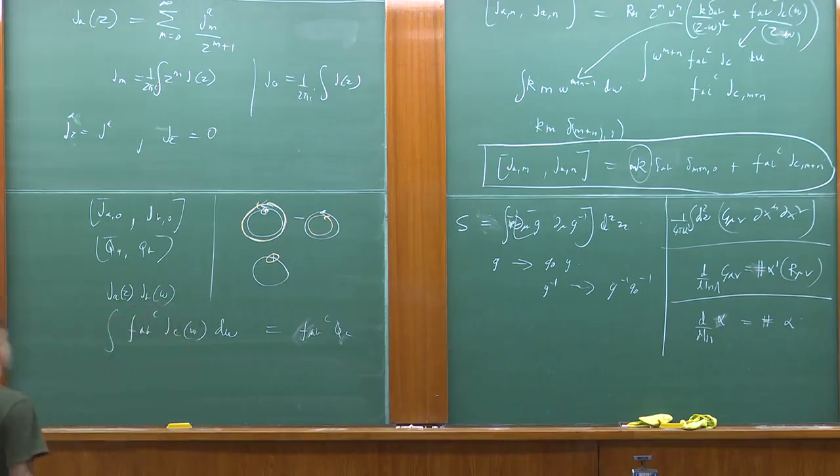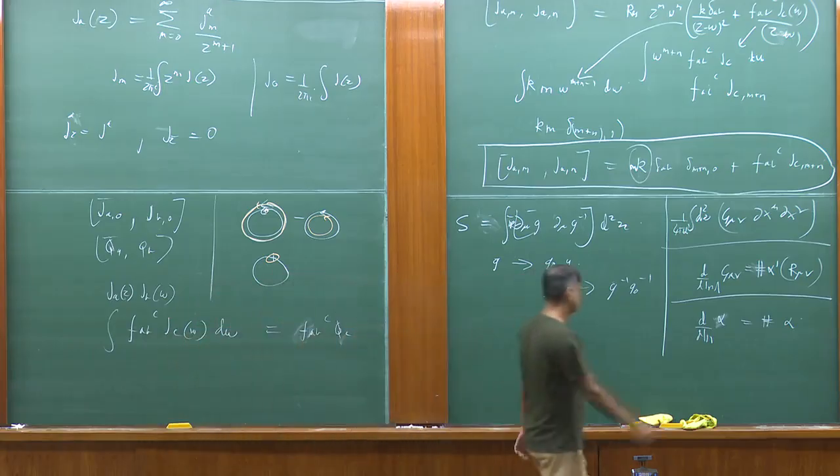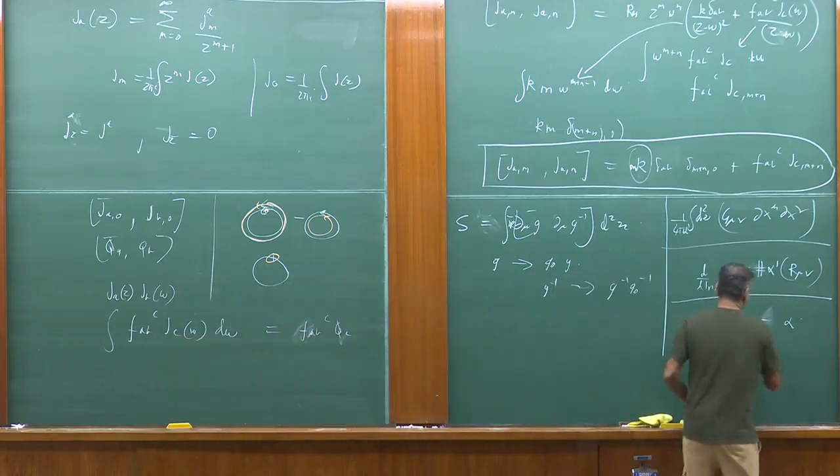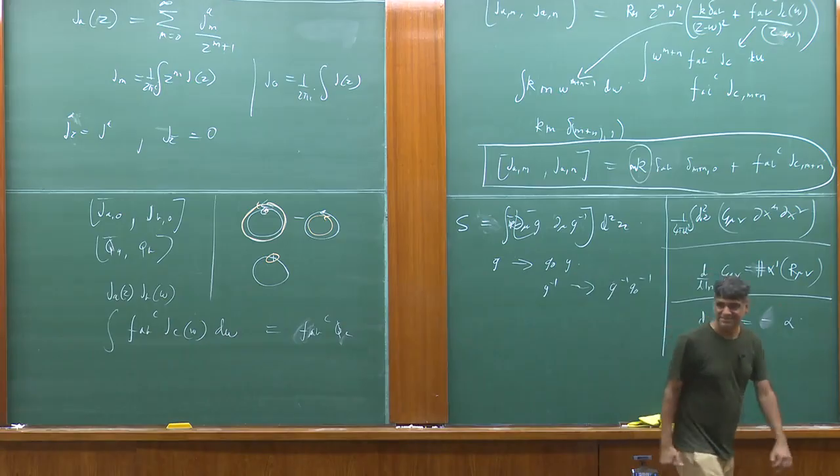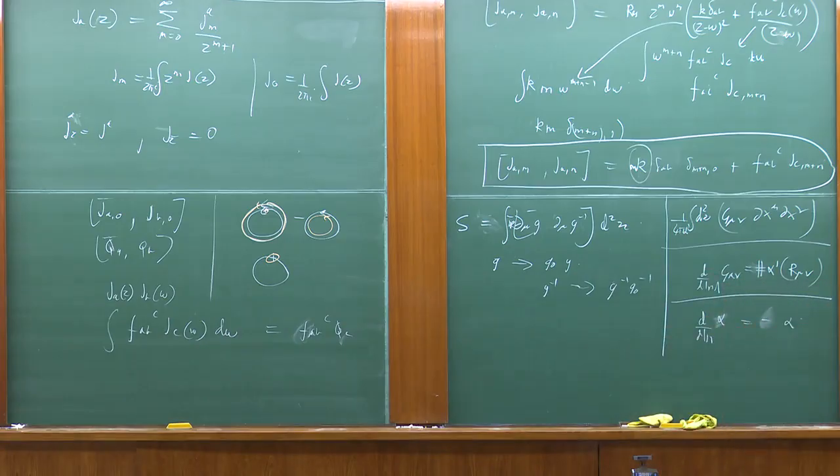Now the sign of this number turns out to be negative. There's some numerical coefficient, and there's an alpha prime, of course, but all of that goes into this business. Alpha prime cancels something. But the point is that dr by d log lambda is negative.